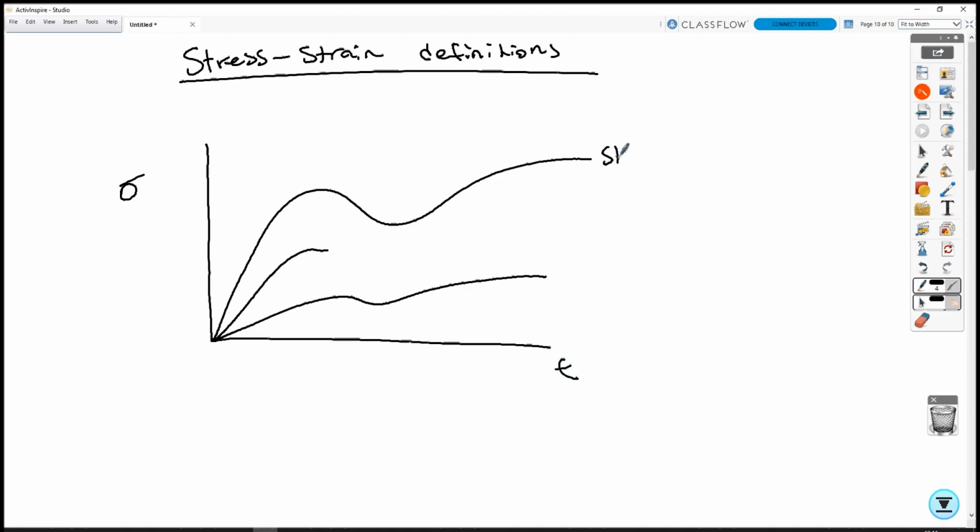So we're going to label this top one as steel, this one as glass, and this one as copper.